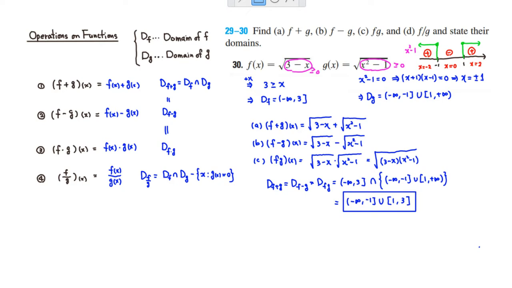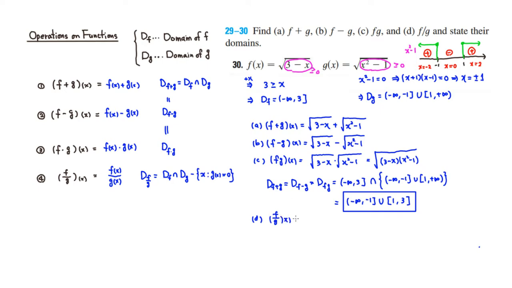How about part D, derivative? Not the derivative, the division. So D, F divided by G of x.